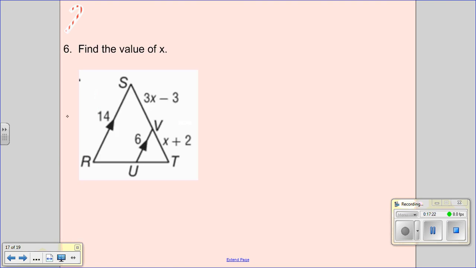And our last example, and we're almost done, folks. Now on this one, it's a little tricky. As you can see, we're not given RU and UT, so we can't do part equals part. We have no choice in this scenario but to separate the triangles.